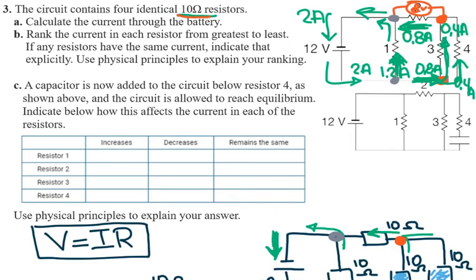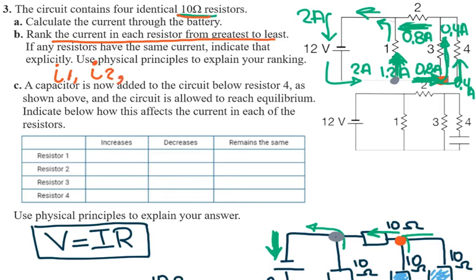So the answer for my B would be the highest current, so they have to rank the current for each resistor. So I1 is the greatest, and then you have I2, which is 0.8 amps.